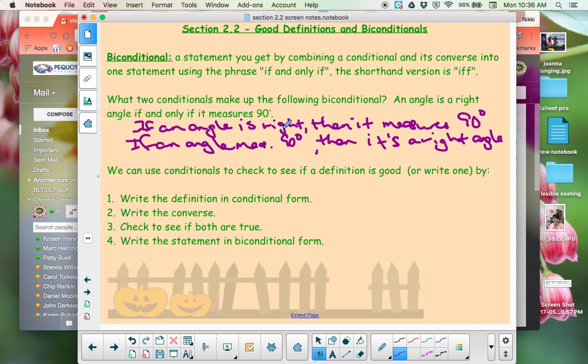In this case, we knew it was true, but you would check to see if both are true. If an angle is right, then it measures 90 degrees. That's true. If an angle measures 90 degrees, then it's right. Both of those are true. So then we would say that the biconditional makes a good definition. If it wasn't already written as a biconditional, then we would write it as a biconditional. In this case, it already was.